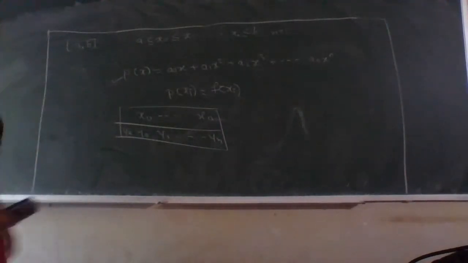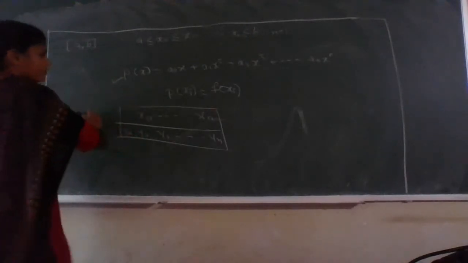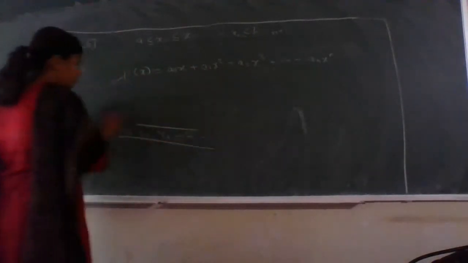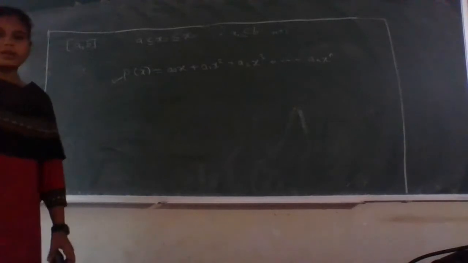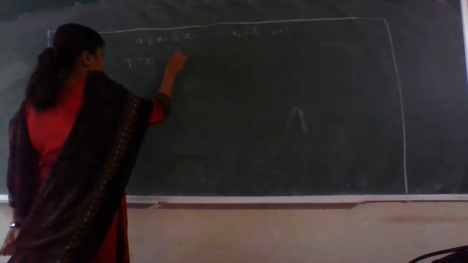Now, instead of finding this whole big polynomial and all the values of a naught, a1, up to an so that we can get the general polynomial, instead of solving a very big polynomial of n plus 1 points, that means finding all those ai constants, we will determine the polynomial p of x equals a naught plus a1x.